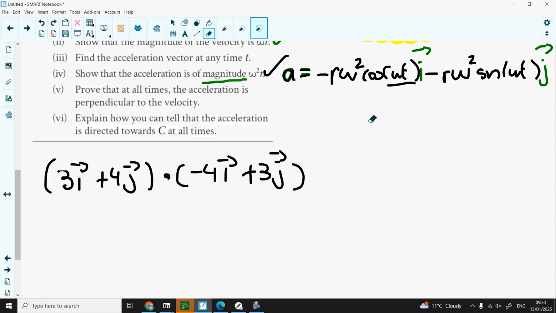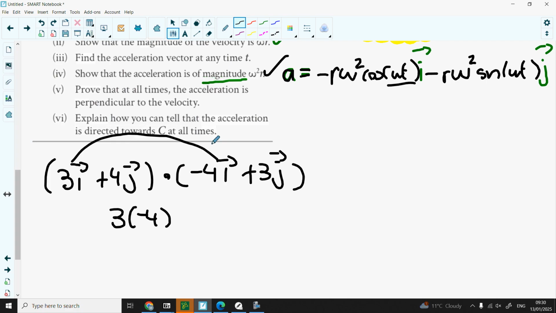What happens when a dot product is perpendicular? What happens when you multiply it out? 3 times minus 4. You multiply the coefficients of the i. Then you multiply the coefficients of the j. And what should happen? It equals 0, doesn't it? So when they're perpendicular, the dot product equals 0.